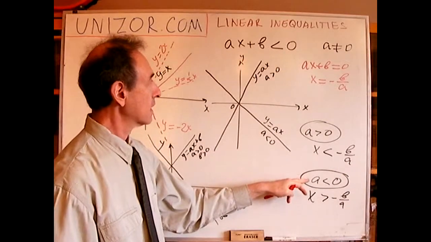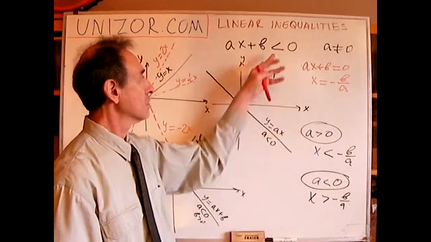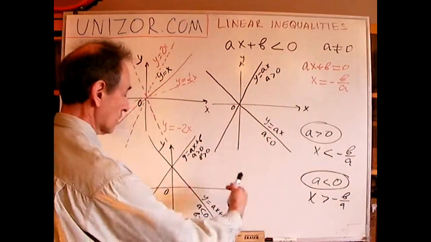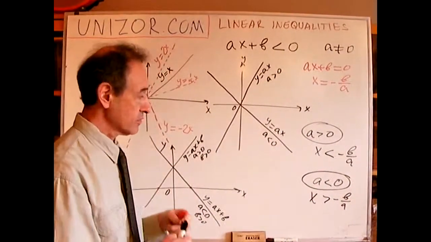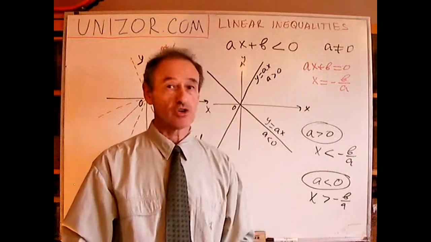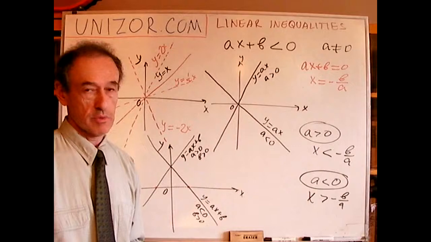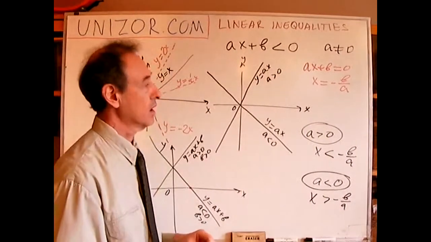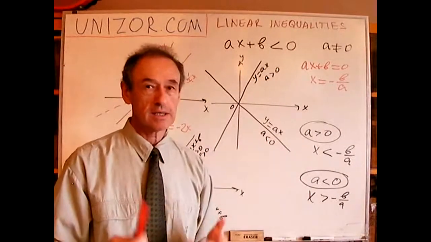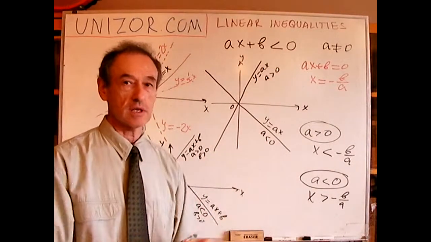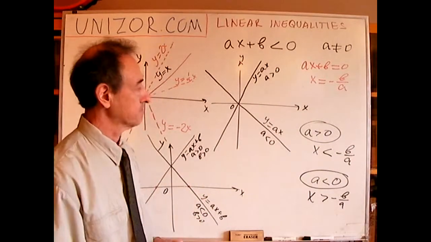If, however, a is negative, my algebraic approach said that I have to change the sign. And as you see graphically, it gives you exactly the same result. So this is another explanation, if you wish, of the rule which we were talking about many times before: multiplication or division of the inequality by a negative number must reverse the inequality sign, while a positive number doesn't really change anything.